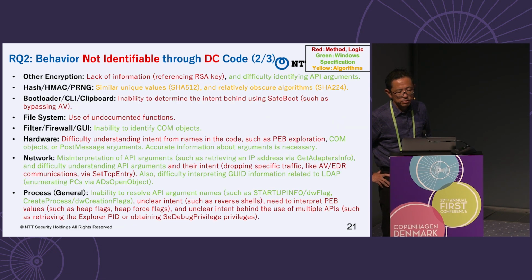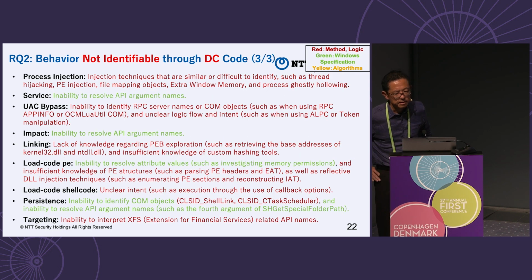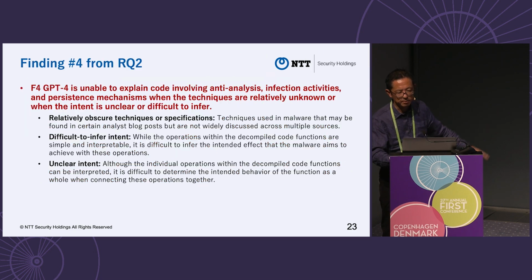This slide shows the result for not identifiable behavior from the encryption to the process general category. I'll skip that. This slide also shows the result from process injection, related to behavior, up to the targeting category.